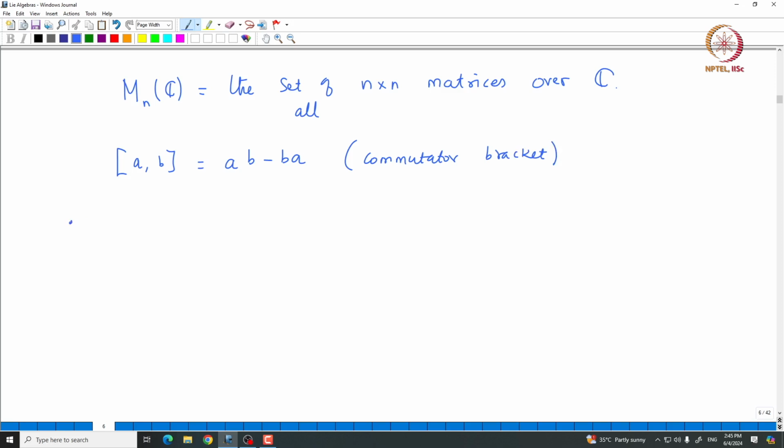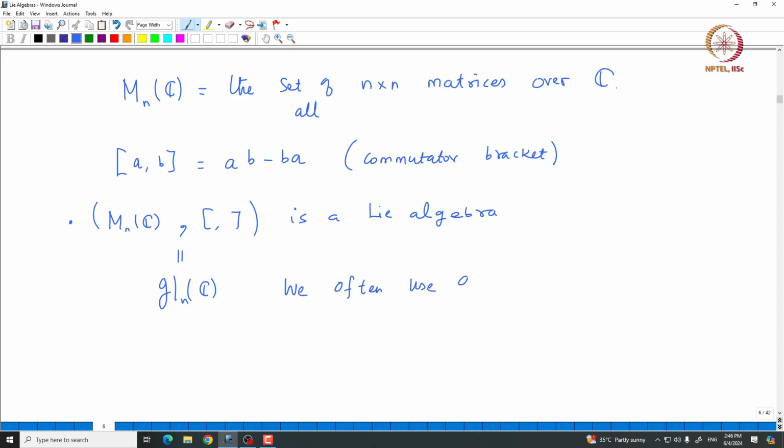This is a fact that Mn of C with this Lie bracket is a Lie algebra, and this Lie algebra is what is denoted by GLn of C. Since we are only working over complex numbers, we can drop mentioning C, and we often use GLn to denote GLn of C.